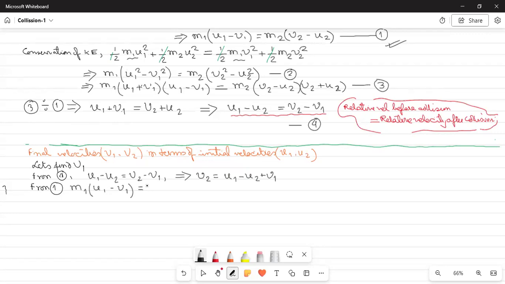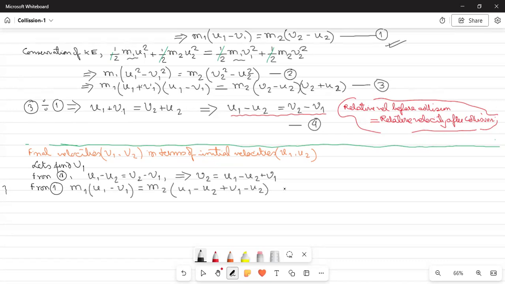Right-hand side was m2 times (v2 minus u2). And v2 here is u1 minus u2 plus v1, and we have another minus u2.